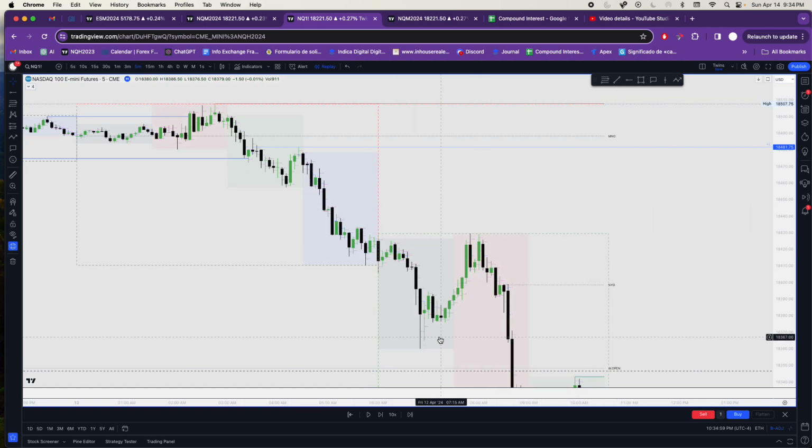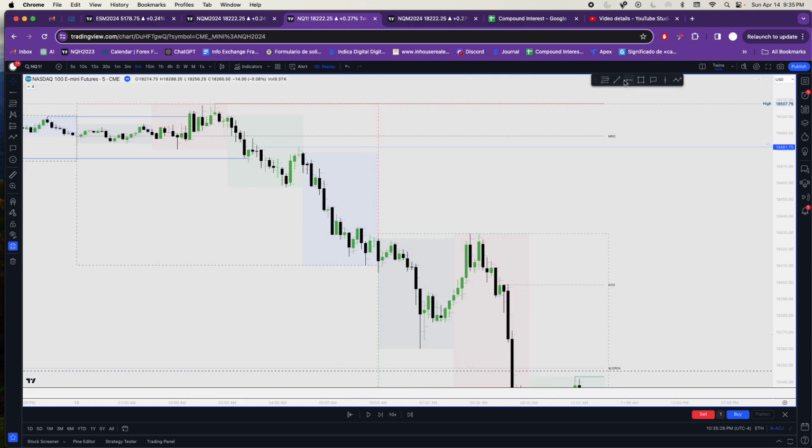Okay. Here we are looking for a return into the optimal trade entry or a swing high, in this case a quarterly swing high, as well as a return to a fair value gap, or it could be a bearish or bullish order block.